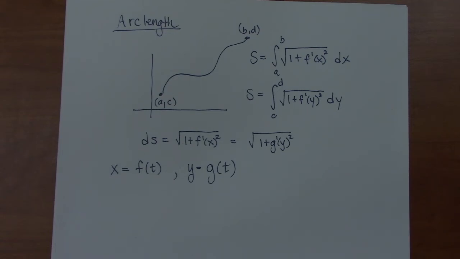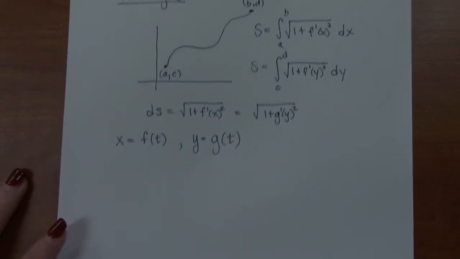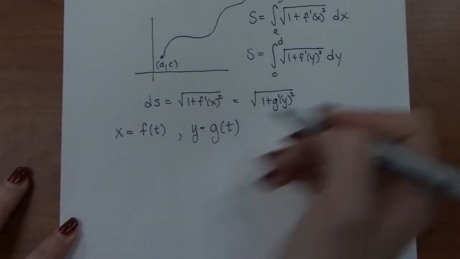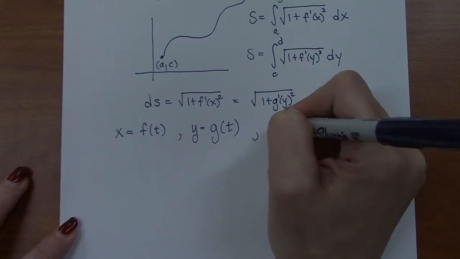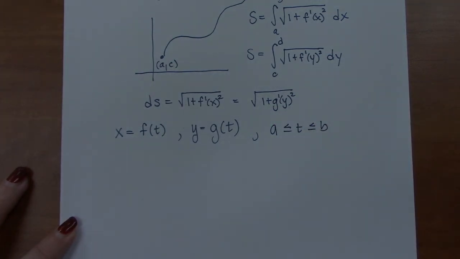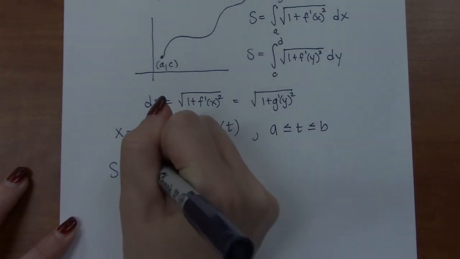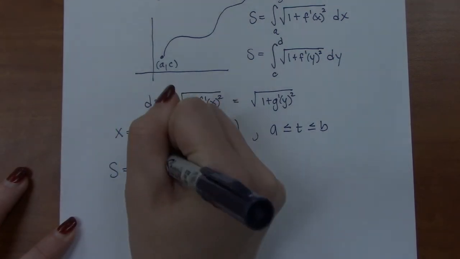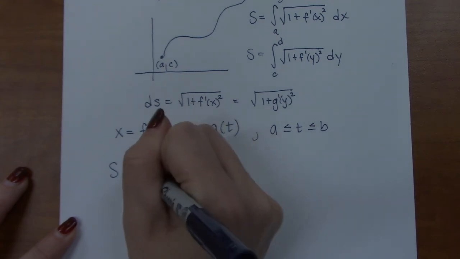So if you want to find the length of something parameterized, right, the integral is going to look like this. So we're going to say that t just goes from some a to b, right? So here the integral is from a to b, right?